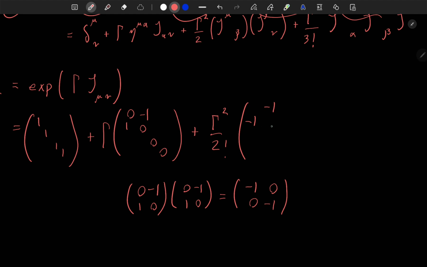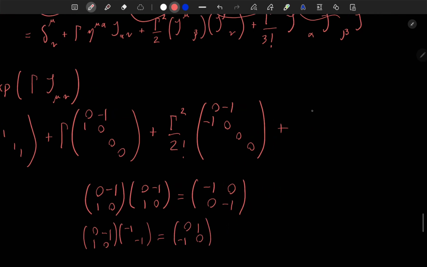So that's what that is squared. And let's see what it is cubed. On which side do we multiply it? It doesn't matter because it's the same matrix, so it commutes with itself. Well, that's just the negative identity, so we get negative 1, 1. And we know that we're going to get this sort of alternating now.